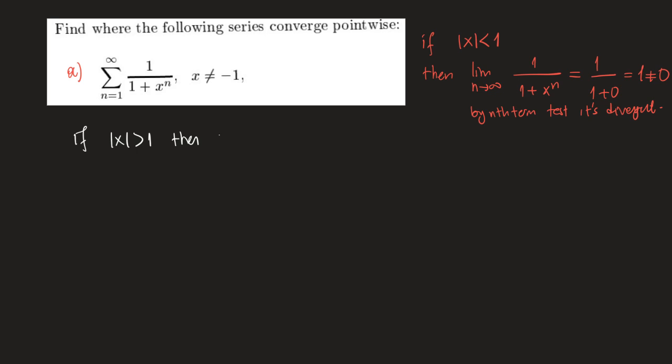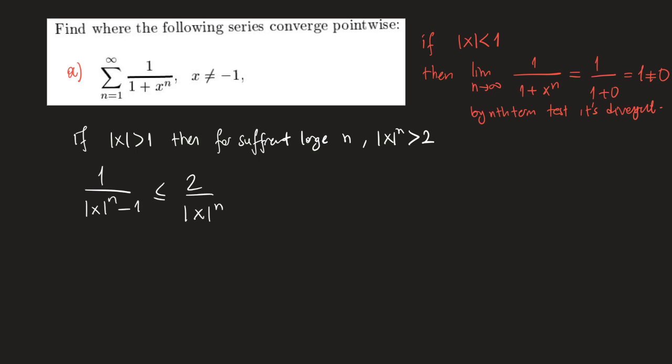That's why for sufficiently large n's, we have x to the power n bigger than 2. You will understand why I'm talking about 2, because then I can say that 1 over x to the power n is less than 2 over x to the power n.